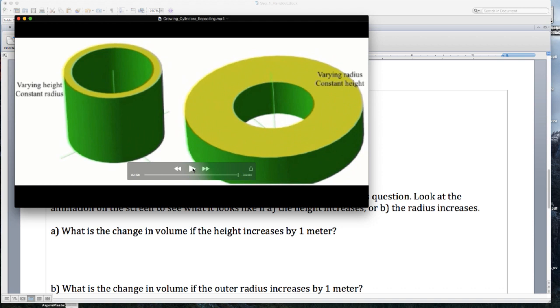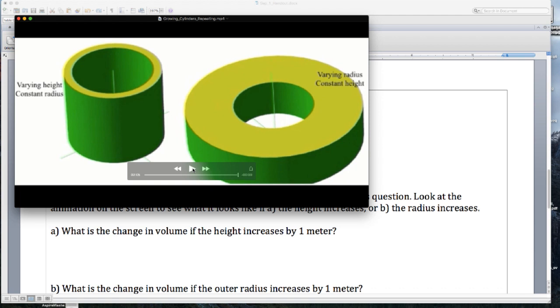So you have the height of 3 versus the height of 2. You do the large cylinder minus the little cylinder inside, because we're only including that. No, there's no variable.